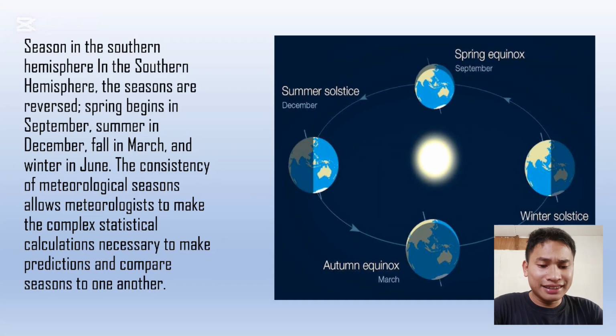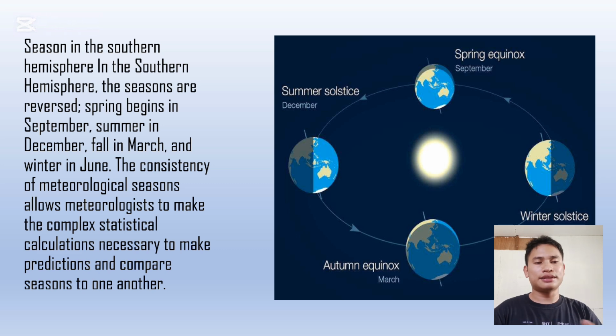So next is season in the northern hemisphere. So season na sabi sa southern hemisphere pa. So in the southern hemisphere, the seasons are reverse.